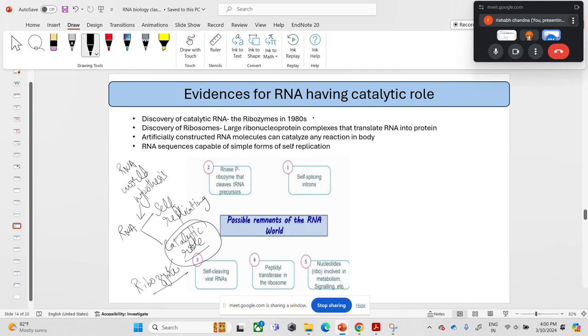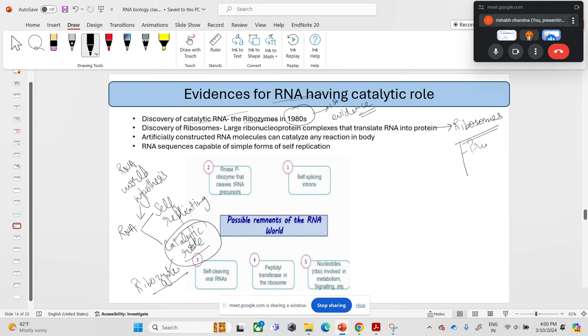So the catalytic role for RNA comes from the discovery of the catalytic RNA, the ribozymes, in the 1980s. So this is the first evidence of RNA having a catalytic role. Now the second evidence comes from the ribosomes. Ribosomes, which are formed in the nucleolus, have two components.